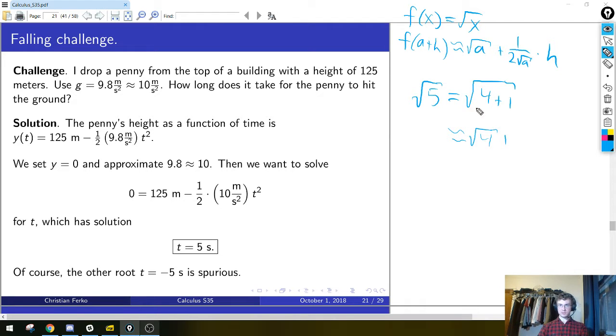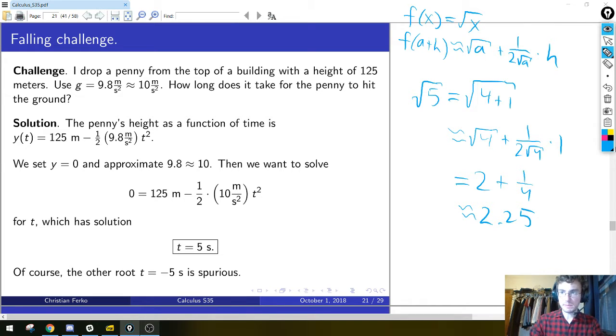So the square root of 5, which is root 4 plus 1, should be roughly root 4 plus 1 over 2 root 4 times 1. If I haven't made any arithmetic errors, this should be roughly 2 plus 1/4, or approximately 2.25. It should probably be good to about 1 decimal.